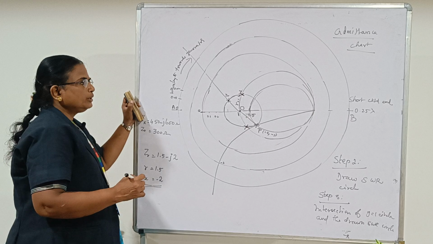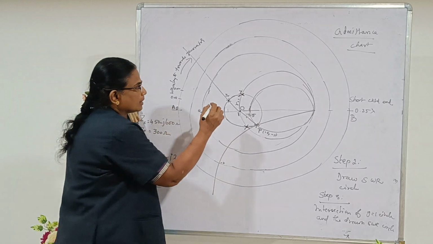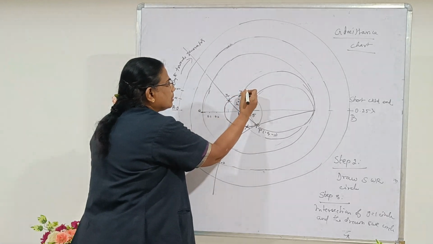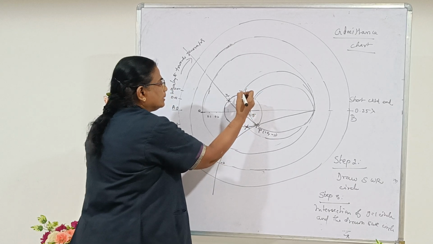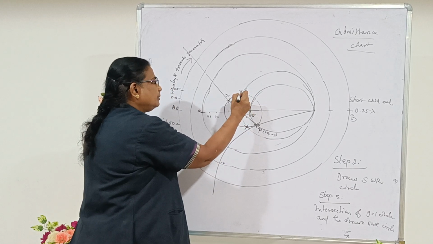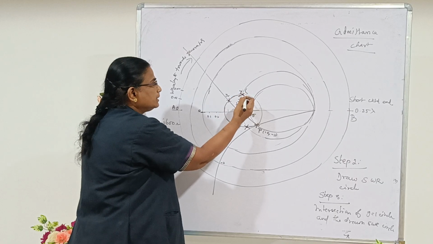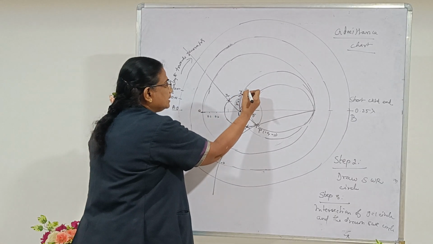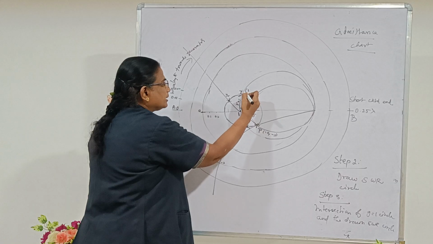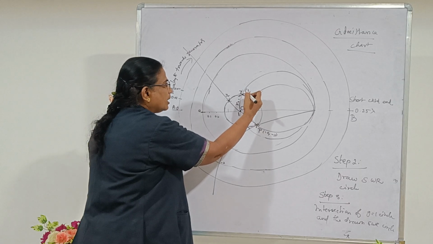Now you write the normalized admittance value from the chart. Whatever you get here, you write 1 comma.